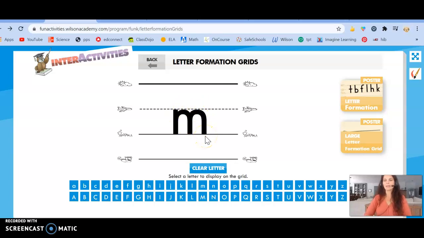M, man, m. One more time. Plane line, straight down to the grass line, back up to the plane line, hump to the grass line, trace back up and around, hump around to the grass line. M, man, m.